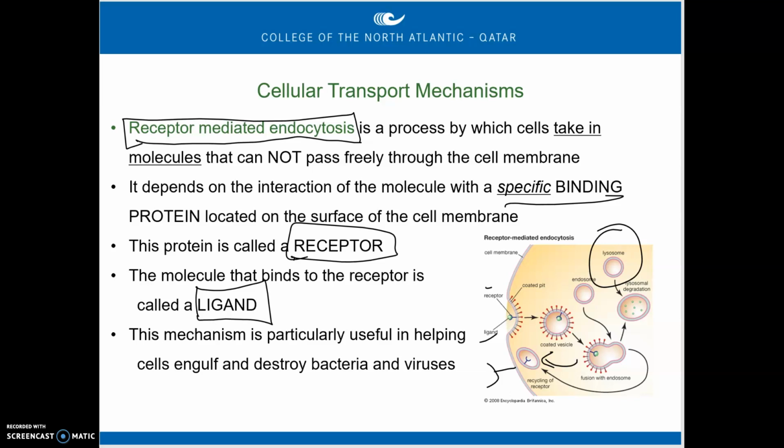Well, not nasty, but they do the hard work. The lysosome will fuse with our endosome, so we get one big vesicle. And those enzymes that were in the lysosome can now attack and chop up and destroy those virus particles that the cell captured. So receptor-mediated endocytosis is a really, really important process when we're talking about how certain parts of our immune system work.